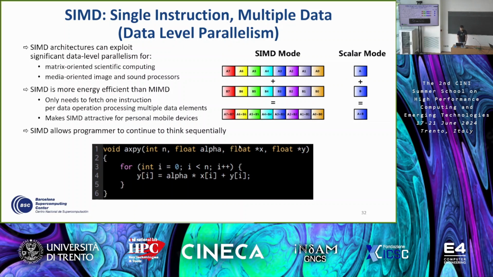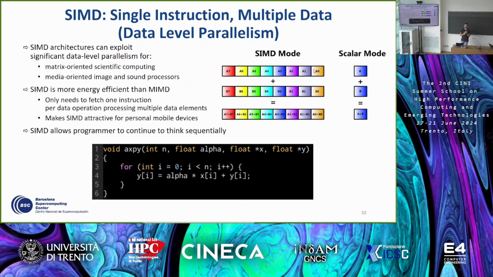So here is what I was describing. I didn't remember that I had this. Here in scalar mode, you have A and B, and you sum them. If you have a SIMD mode, you load. Here I have the numbers from 0 to 7, so 8 data. Why am I putting an example with 8 data here?